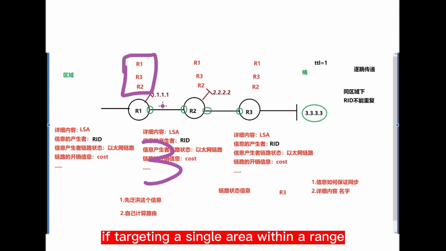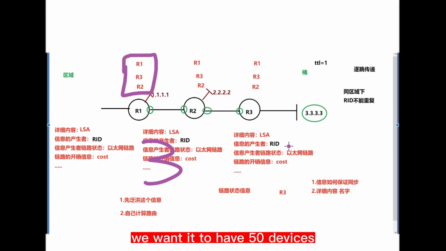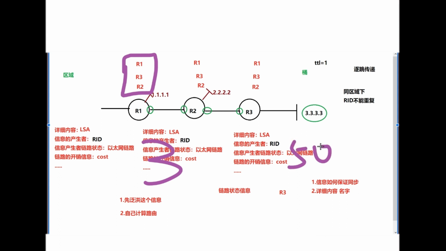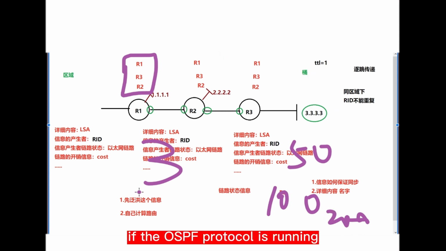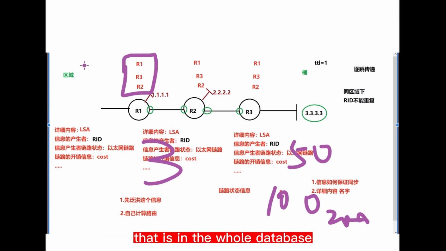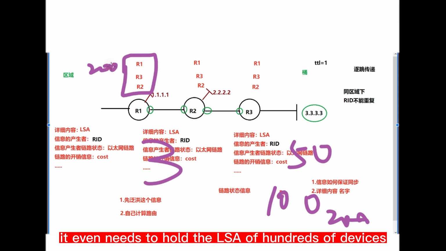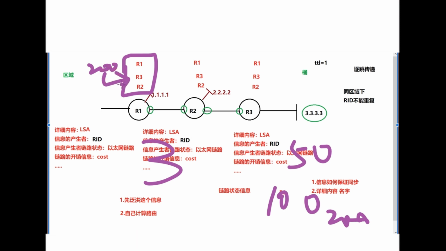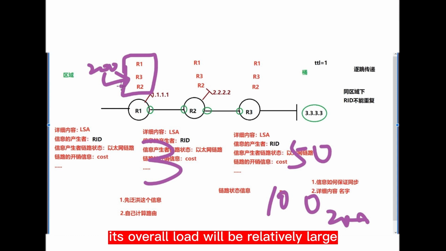If we target a single area and want it to have 50 devices, even 100 or 200 devices, and the OSPF protocol is running in a large environment, to sync the database, it will become extra large. That is, the whole database even needs to hold the LSAs of hundreds of devices. Relatively speaking, its overall load will be relatively large.